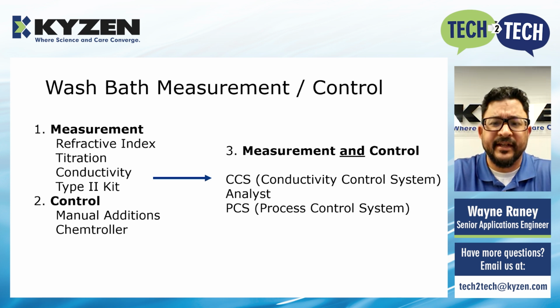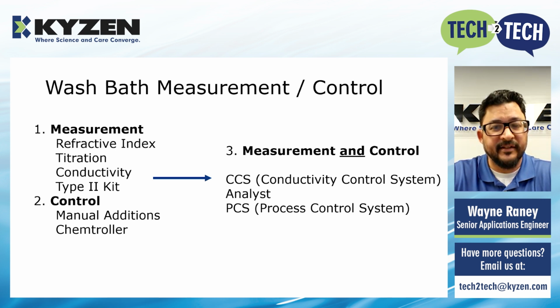This is the basic outline of today's presentation. We'll be talking about devices that we offer to measure the concentration, and then ways that we offer to control or change the concentration. Last thing we're going to be talking about are the combination systems that do both measure and control the concentration in your wash tank.